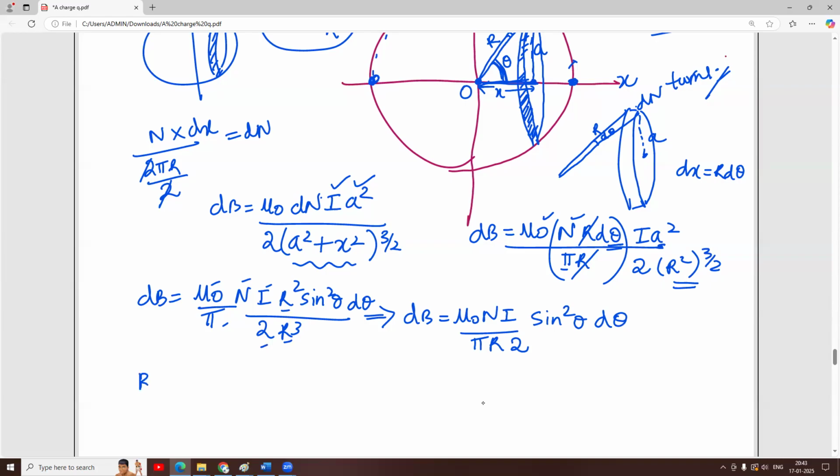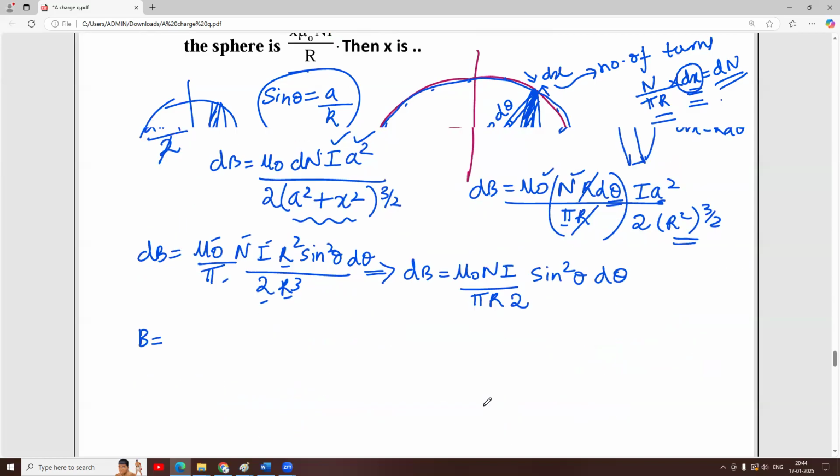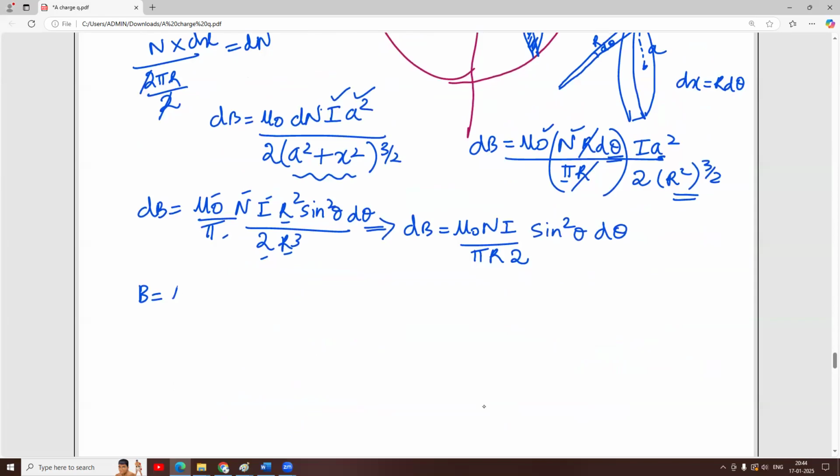So what is the net magnetic field? Net magnetic field will be obtained by considering all such small pieces of wire here, from theta equal to 0 to theta equal to pi, 180 degrees. Then it will cover the full turns. So B is equal to, take the constants out, mu naught N I by 2 pi r, integration 0 to pi sine square theta d theta.